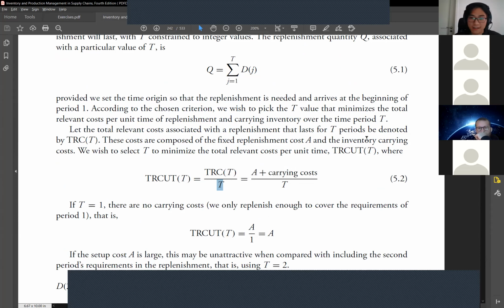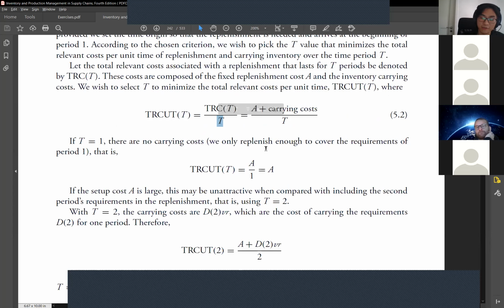Here it's months, and that number is the number of months of demand you want to supply from that point. You start from the first month, and then you get some number T by using this heuristic.